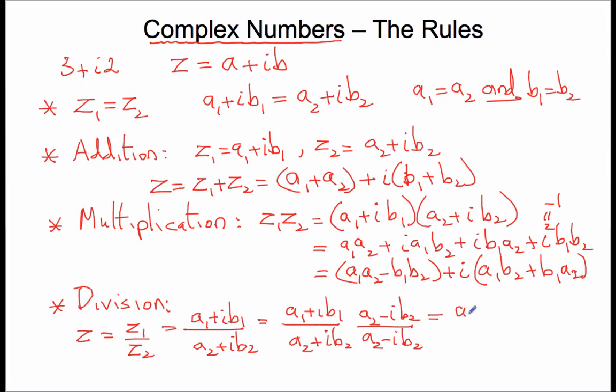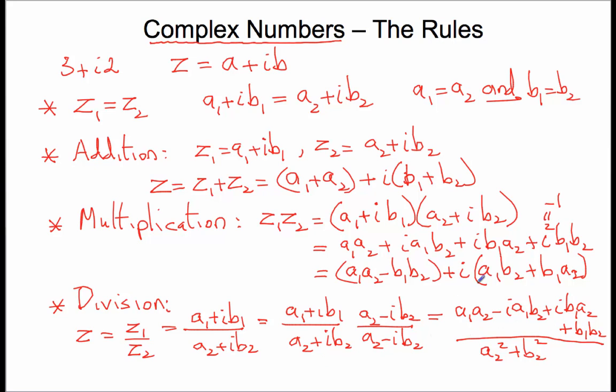That is a1 a2 minus i a1 b2 plus i b1 a2 and then i into minus i, so plus b1 b2, and it's all to be divided out over here by a2 squared plus b2 squared.